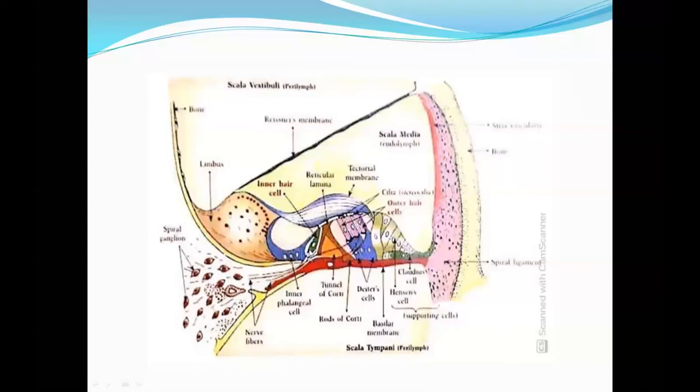So the inner hair cells and outer hair cells have cilia that pass through the reticular lamina and get attached to the tectorial membrane. This is the tectorial membrane, starting from the limbus, attached to the middle part of the spiral limbus.